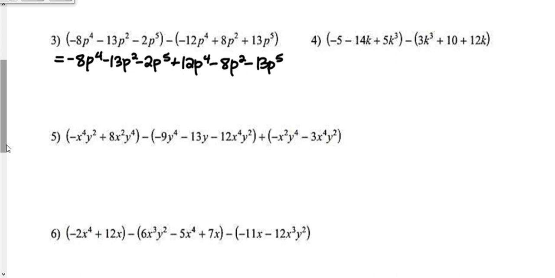Okay, so the biggest exponent looks like the fifth power, p to the fifth. So I have negative 2 minus 13, which would be negative 15. And then we have the fourth power. So negative 8 plus 12 is 4.